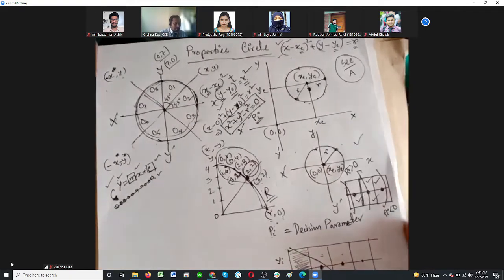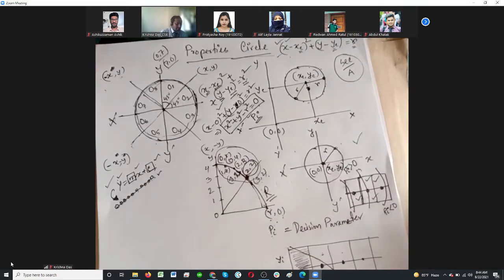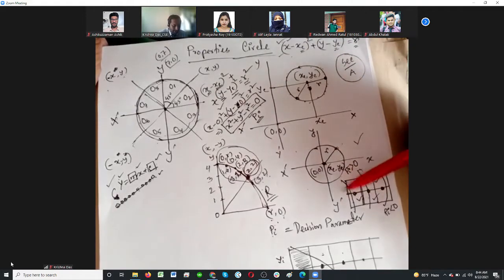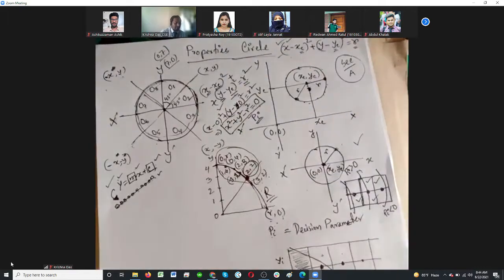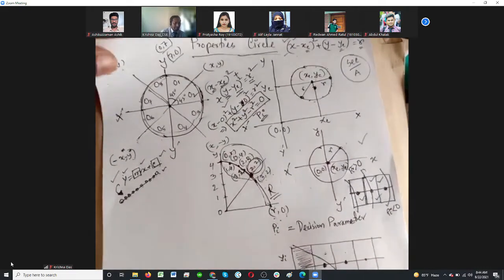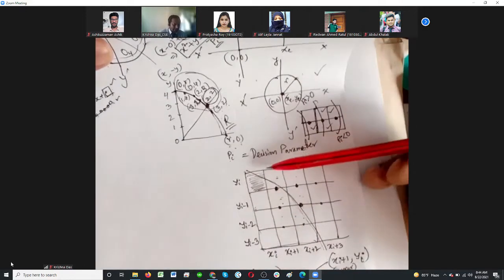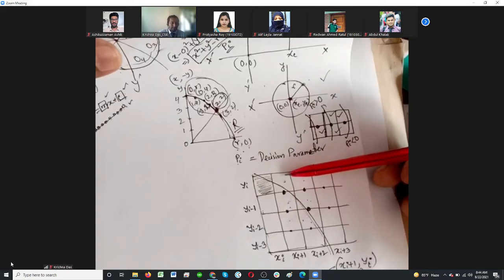Now, on the concern of the decision parameter, we felt it should be like the Bresenham line, where we consider what scenario can happen. That is why we discussed this. A line is passing through the pixels like this for the circle circumference.